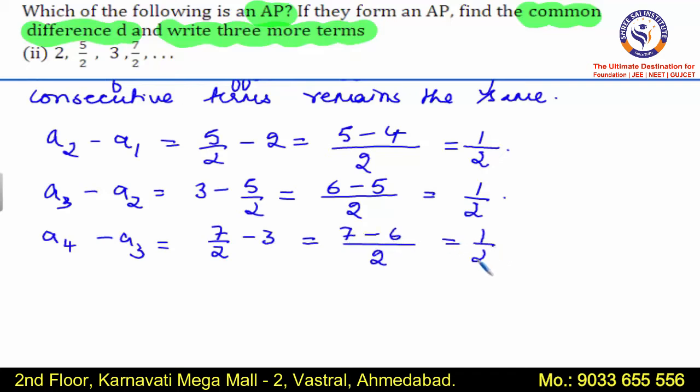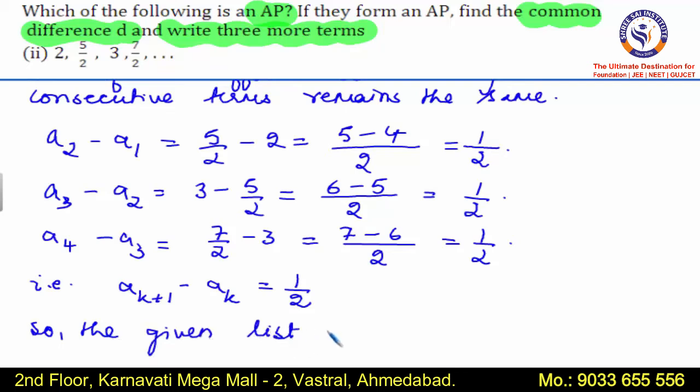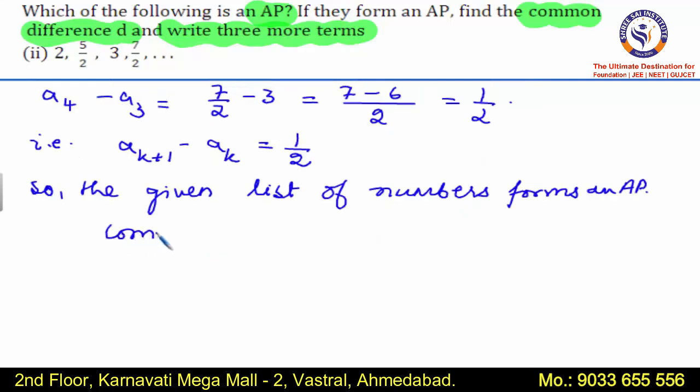This is again equal to 1 upon 2. That is, A(k+1) minus A(k) is equal to half for all k. So, the given list of numbers forms an AP, and the common difference between the terms here is equal to half.